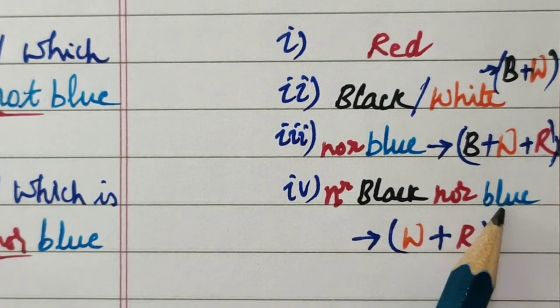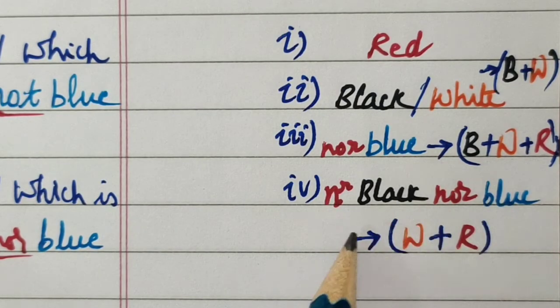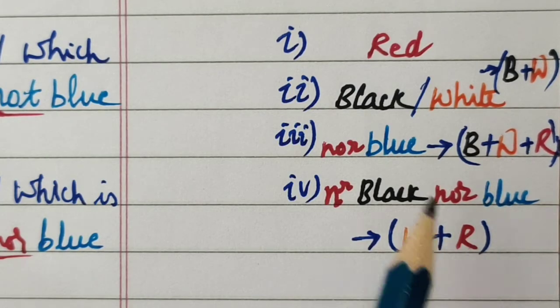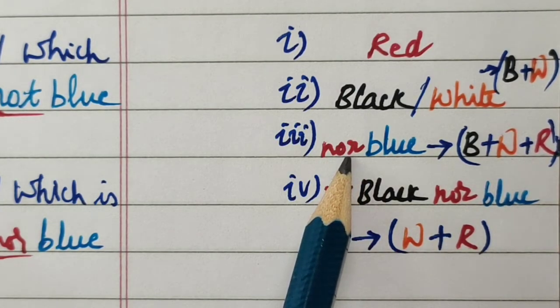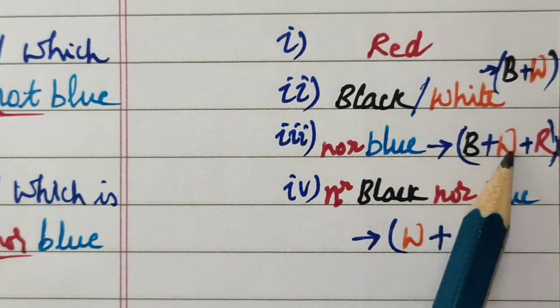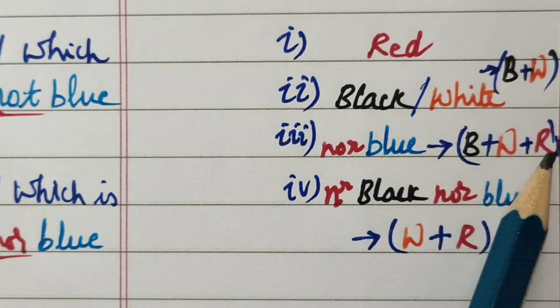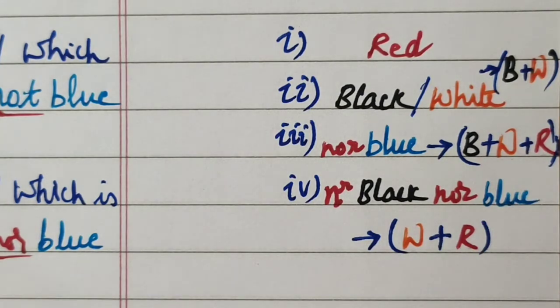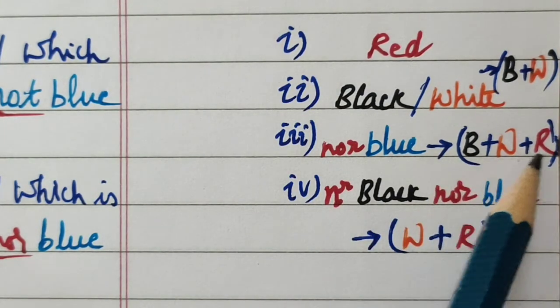Neither black nor blue means drawing white and red. We have to take the total of black, white and red balls.